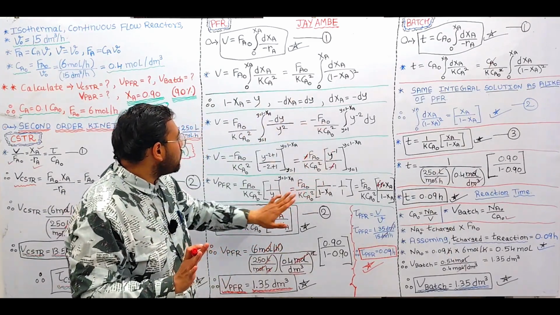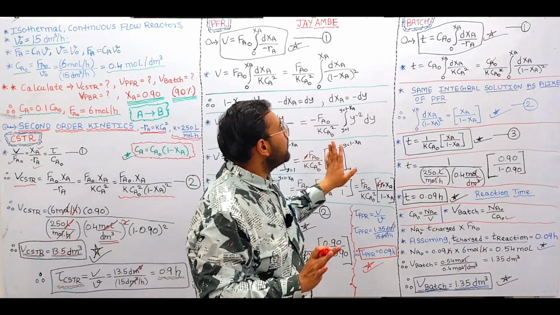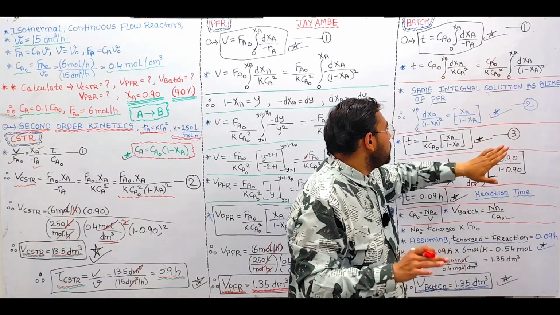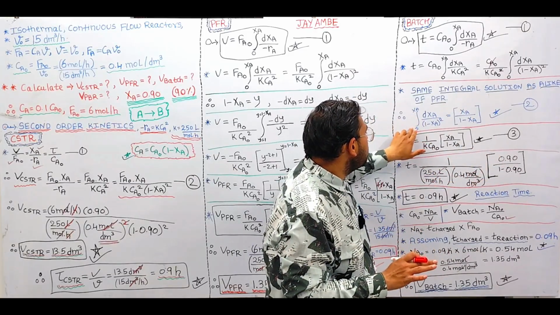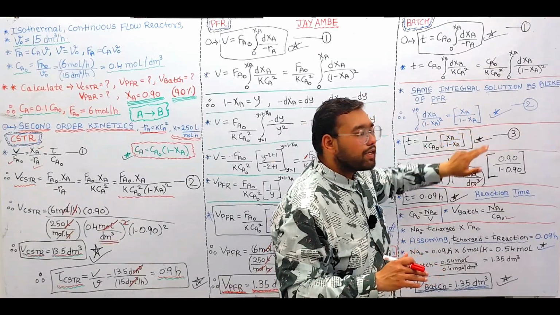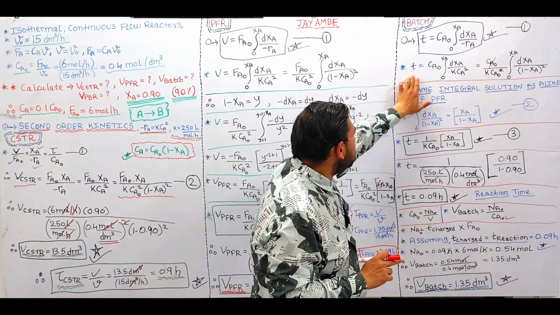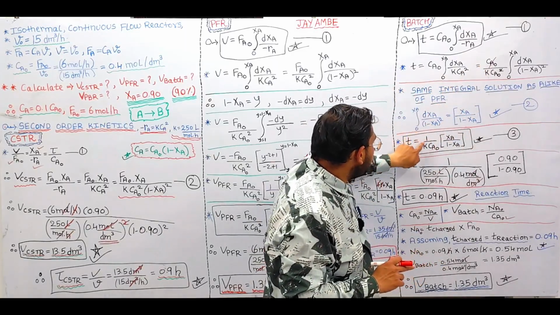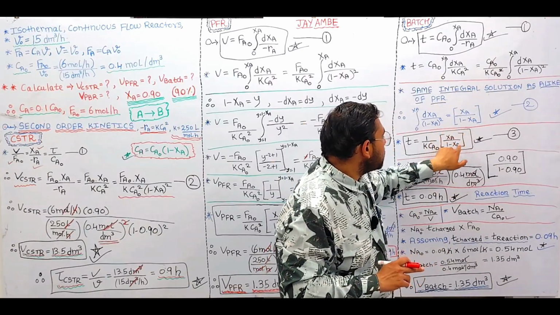So this solution of the integral form will remain the same for the case of PFR as well as for the case of batch reactor. Due to those reasons we can write the integration of 0 to Xa dXa upon 1 minus Xa whole square is equal to Xa upon 1 minus Xa. So finally we can write T is equal to 1 divided by K Ca naught into Xa upon 1 minus Xa.